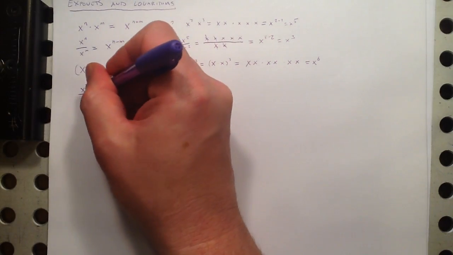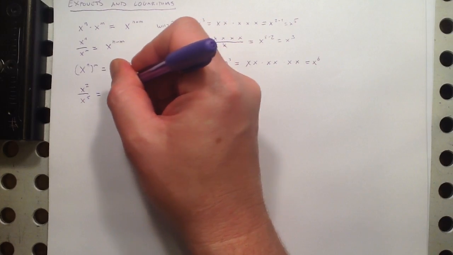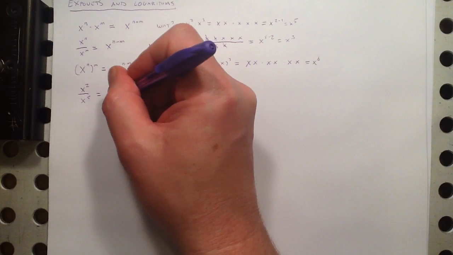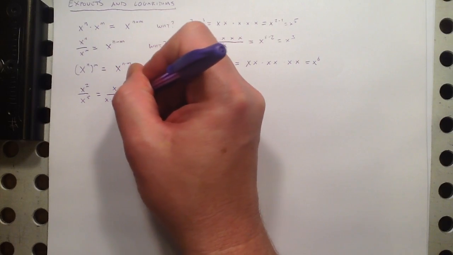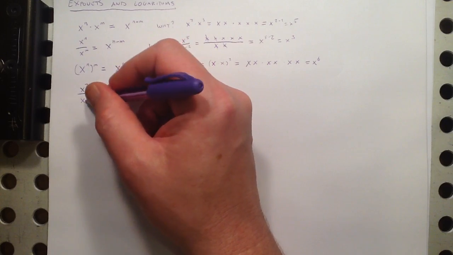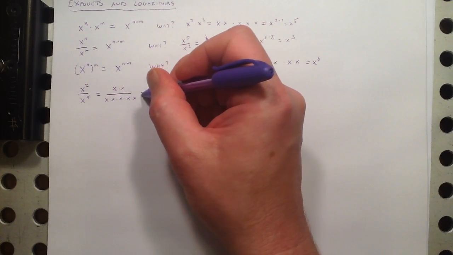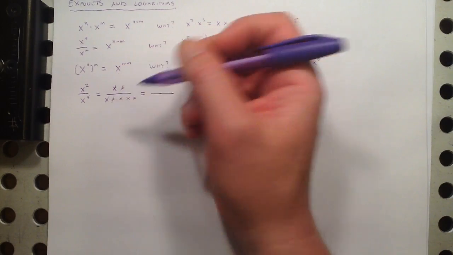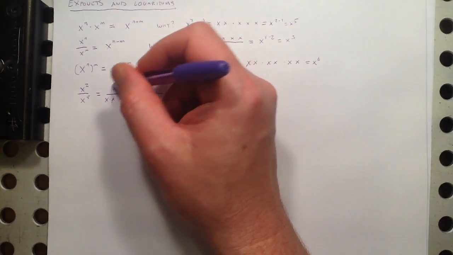Well, I know that if I wrote that out, like in the couple examples ago there, that means this, right? So 2 of the x's up here are going to cancel out 2 of the ones on the bottom. So that leaves, and I'm dividing these out, right?